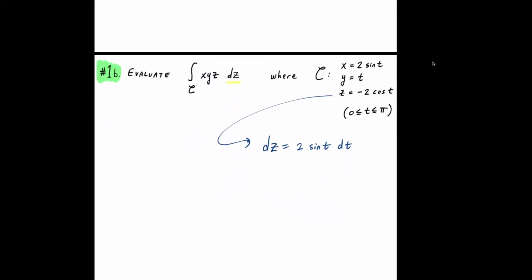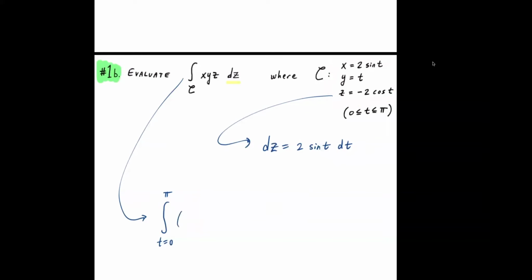And at this point now, we already have enough to write this kind of a line integral. We can write the integral from t equals 0 to pi. Now again, we're going to go through and substitute for x, y, and z. We're going to substitute the definition.